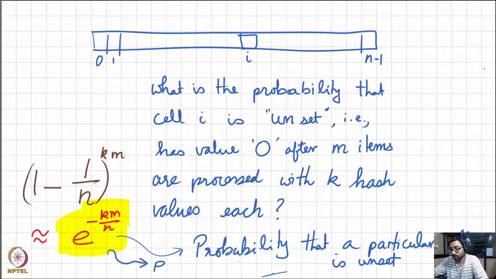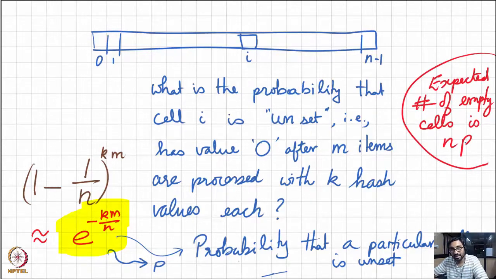So from this we can conclude that the expected number of empty cells after m items have been processed, each with k hash functions, is going to be n times p, or n times e to the minus km over n.